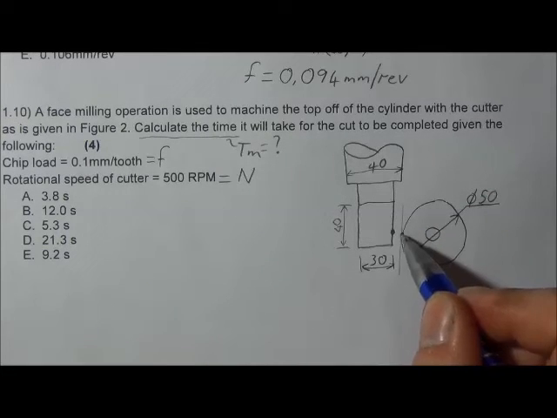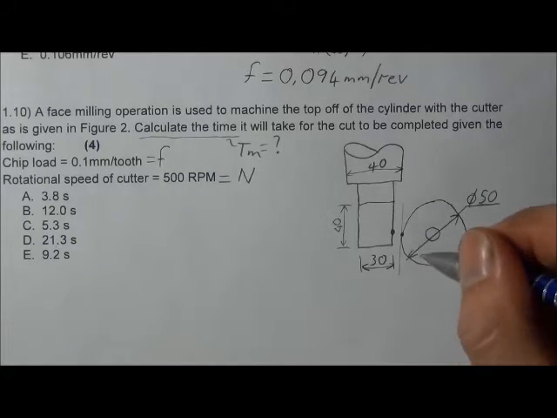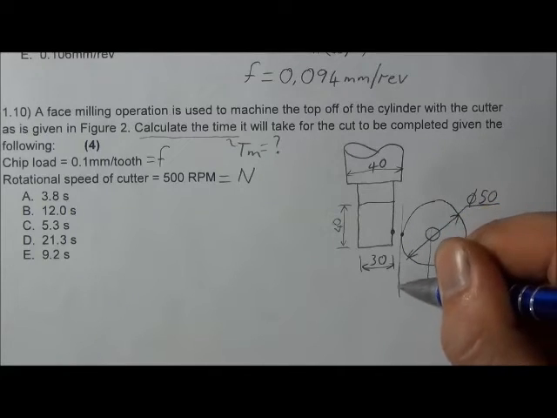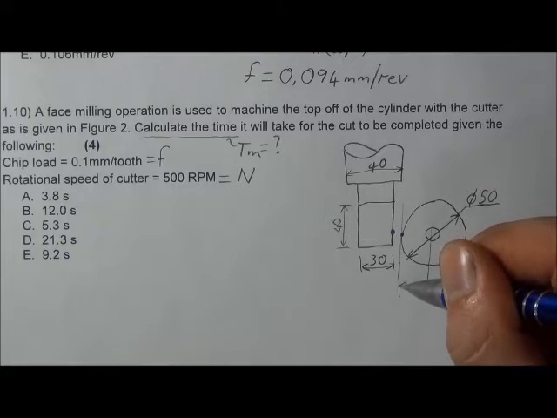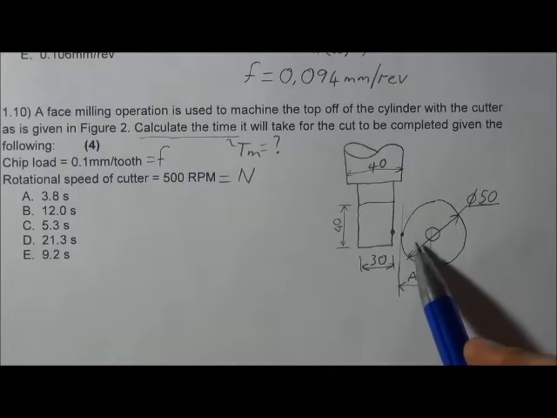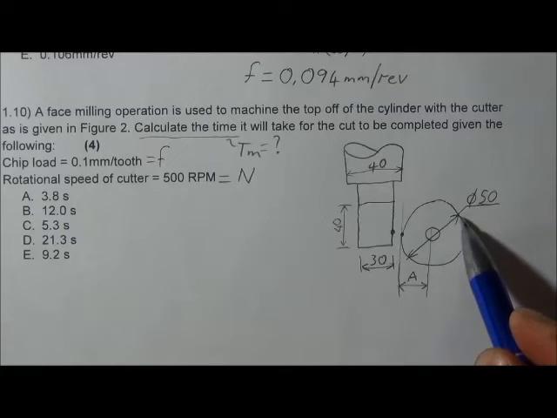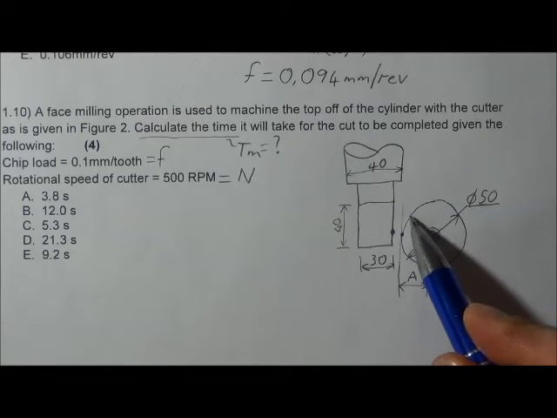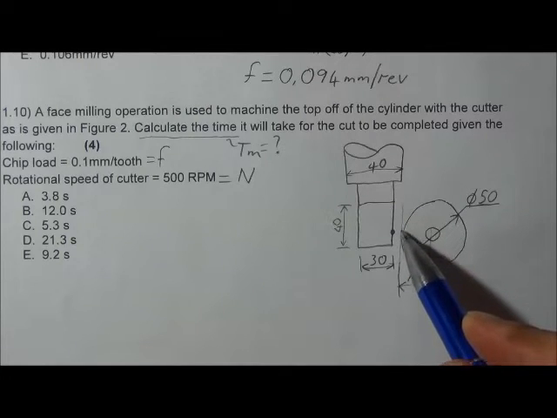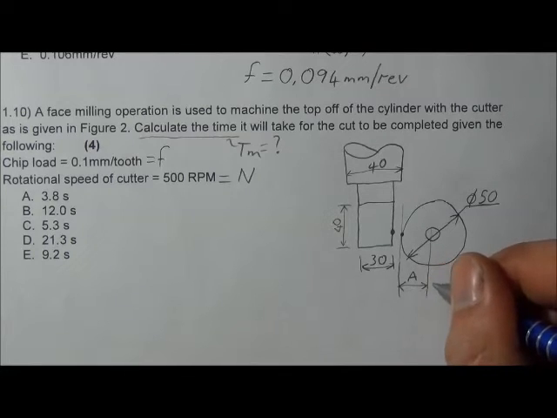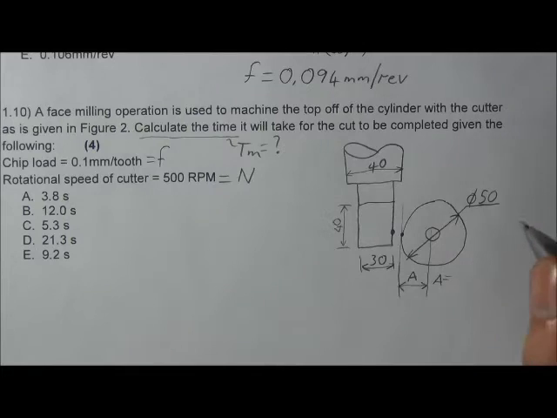So as it starts to make contact, we'll have an approach distance. And the approach distance is half of the diameter of the cutter, because we're making contact on the furthest point from the center. So that means my approach distance A is equal to 25 millimeters.